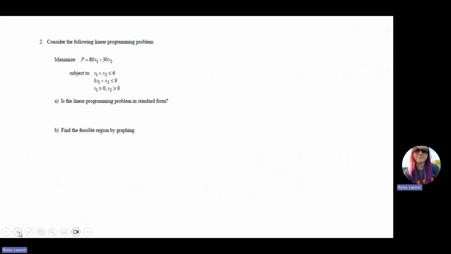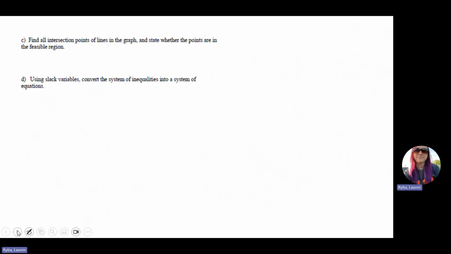Again, we're not going to worry about the graphing part. The goal is, can we solve this by hand? So we have to convert our inequalities to equations. x1 plus x2 plus my first slack is going to equal 6, and 3x1 plus x2 plus my second slack is going to equal 9.